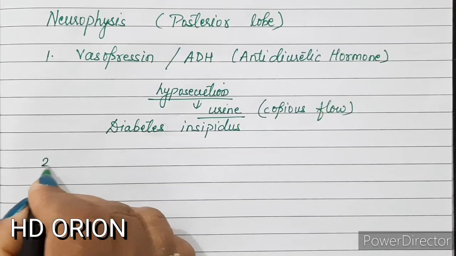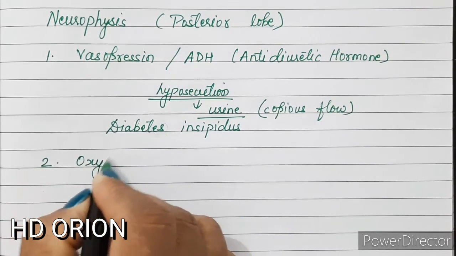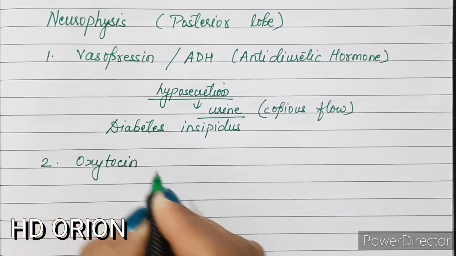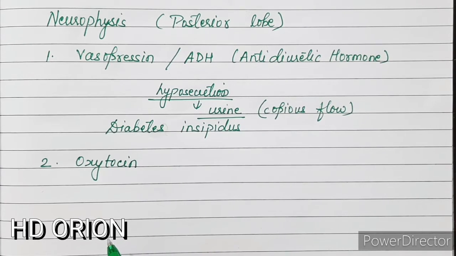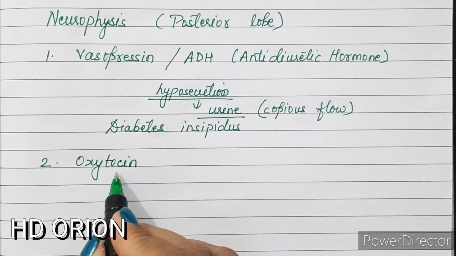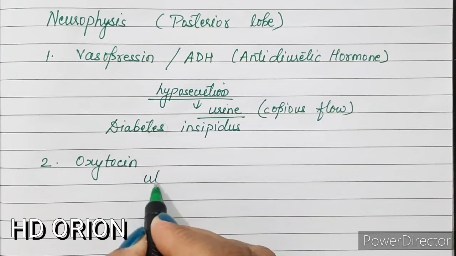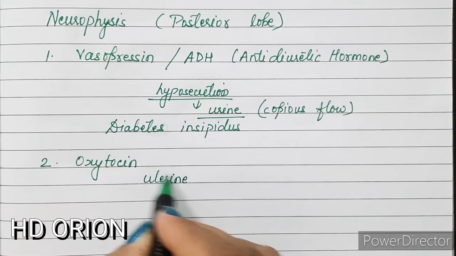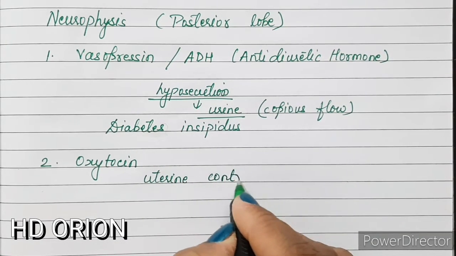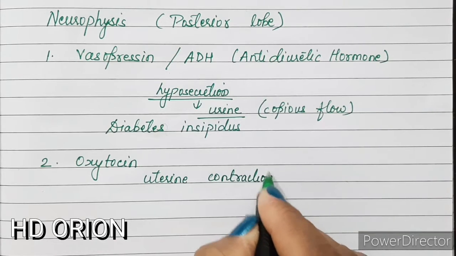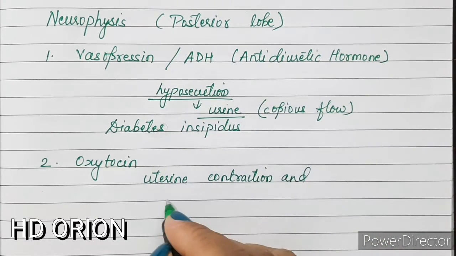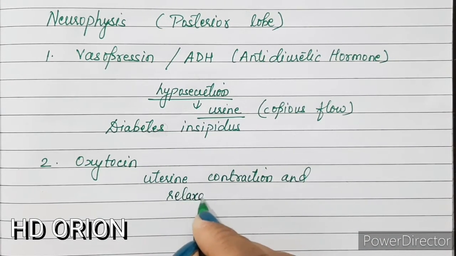The second hormone is oxytocin. Oxytocin is also known as the birth hormone because it helps in uterine contraction and relaxation during childbirth.